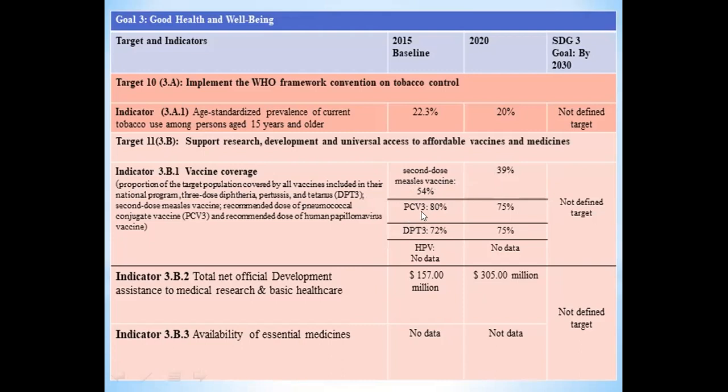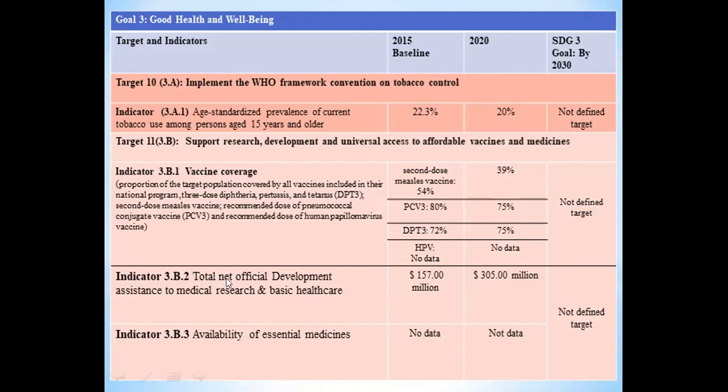Third dose of PCV pneumococcal conjugate vaccine was 80% in 2015, and reduced to 75% in 2020. Third dose of DPT3 was 72% in 2015, and increased to 75% in 2020. For the human papilloma virus recommended dose, no data is available and no target is defined.